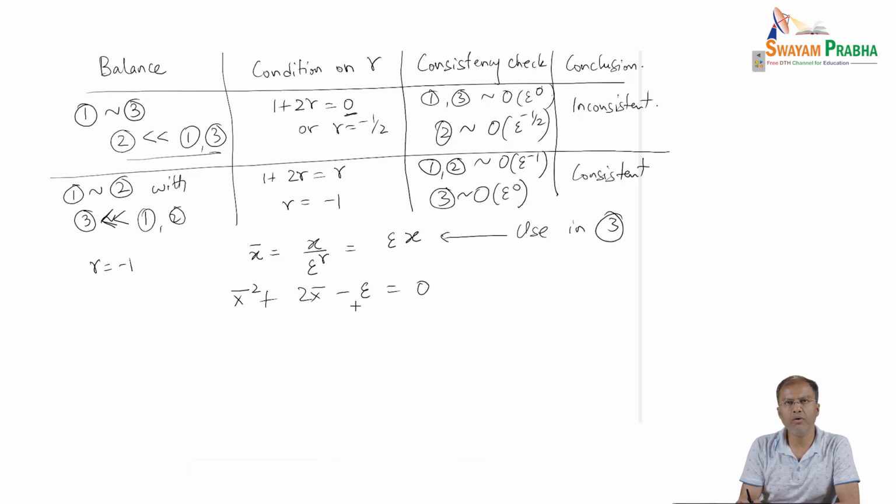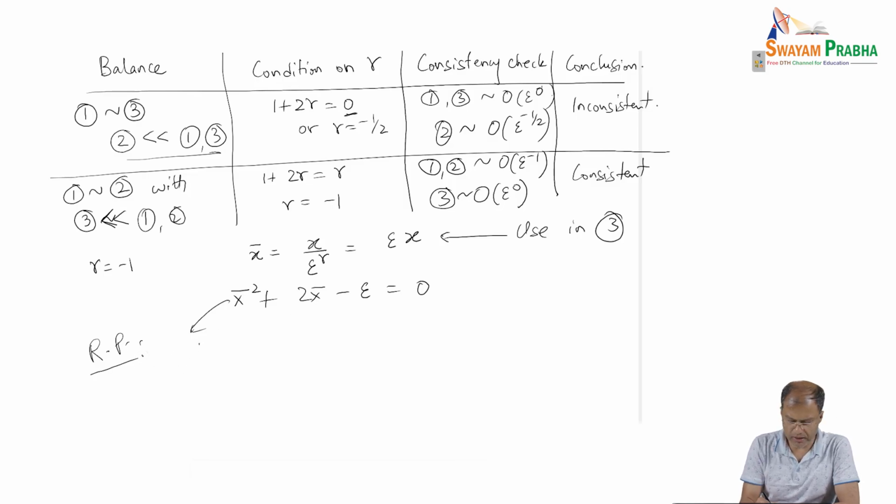Most crucially, epsilon has now been removed from the highest order term to some lower order terms. And now, to solve this problem, since it doesn't show the singular perturbation characteristic, we can use regular perturbation expansion to solve for x bar.